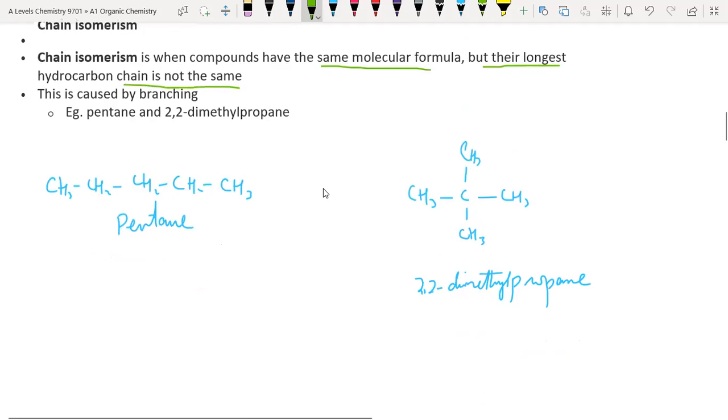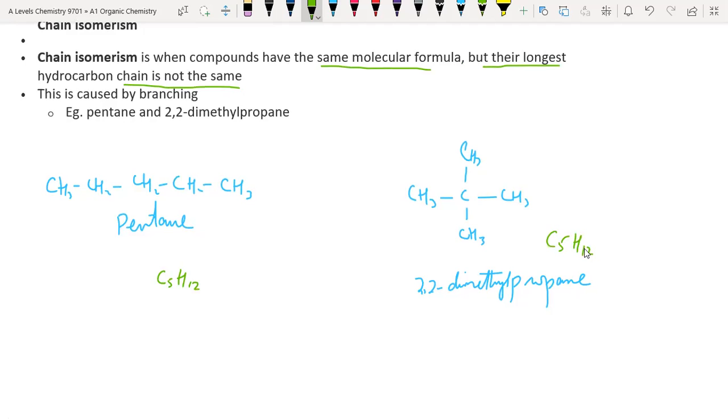Here we are given an example, pentane and 2,2-dimethyl propane. Both structures have C5H12 chemical formula.